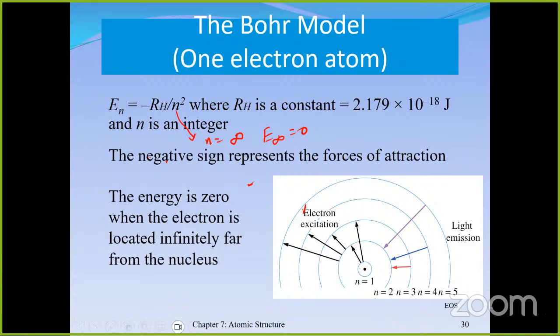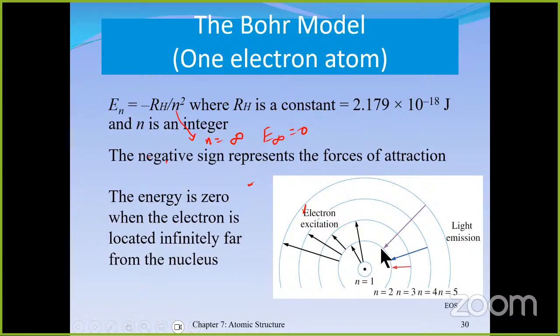And to explain the different colors of light that is observed, what happens is that if the electron falls from the n=3 to n=2 orbit, then that gives you the red line in the hydrogen spectrum. If the electron falls from n=4 to n=2, that gives you the blue line. And then for the indigo or violet line, that is as a result of an electron falling from n=5 to the n=2 orbit.